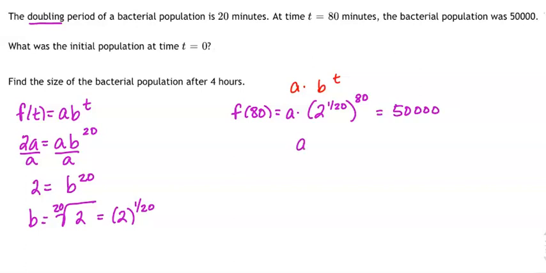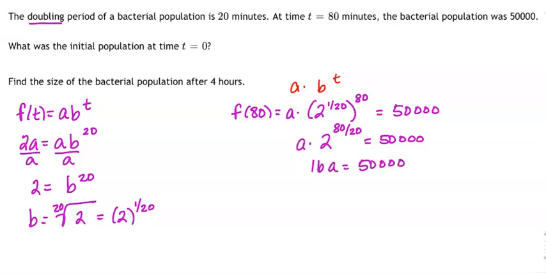So I have a times 2 to the power of, when you have a power raised to another power, you can multiply those exponents together. So 1/20th times 80, you could think of that as 80 over 20. We know 80 over 20, we could go ahead and simplify that to 4, so 2 to the 4th, or 16a is equal to 50,000.